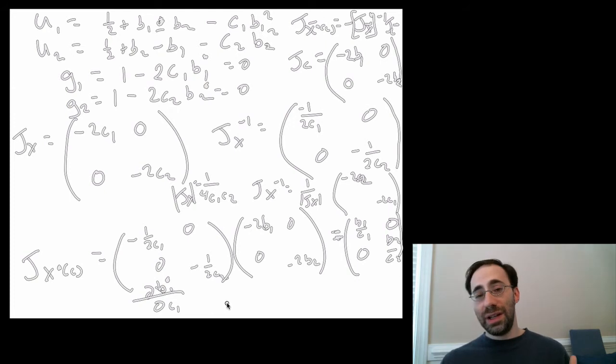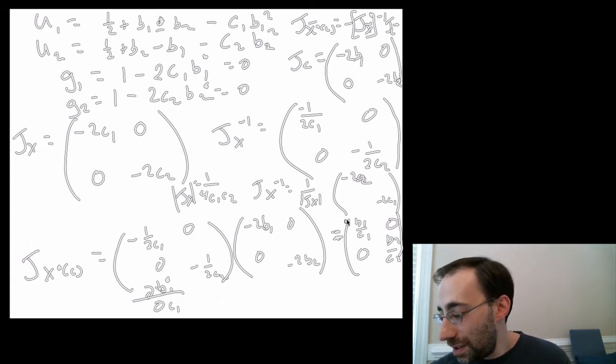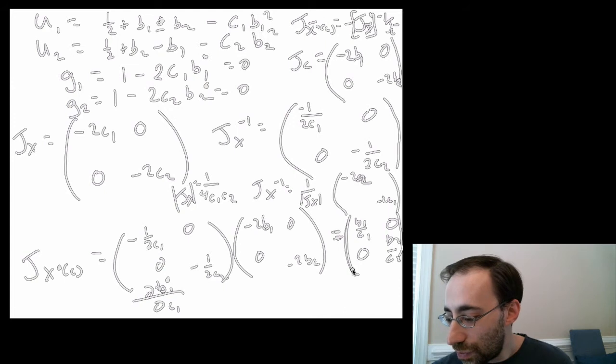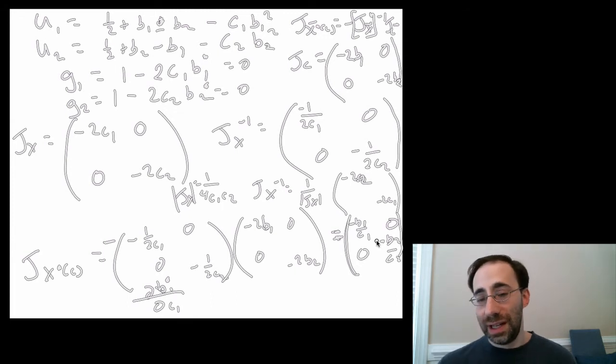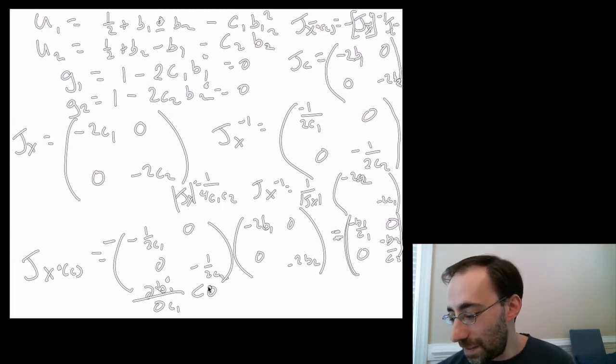What this tells you is B1 is not affected at all by C2 in this case, and it's affected by C1 in this fashion. Oh, I put the negative up front, that's the problem. Negative. Assuming C and B are positive, it's decreasing in C1, as you might expect.